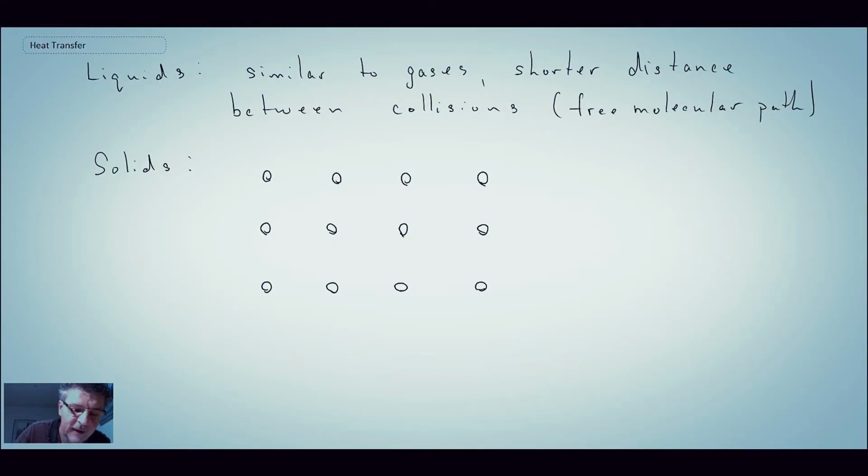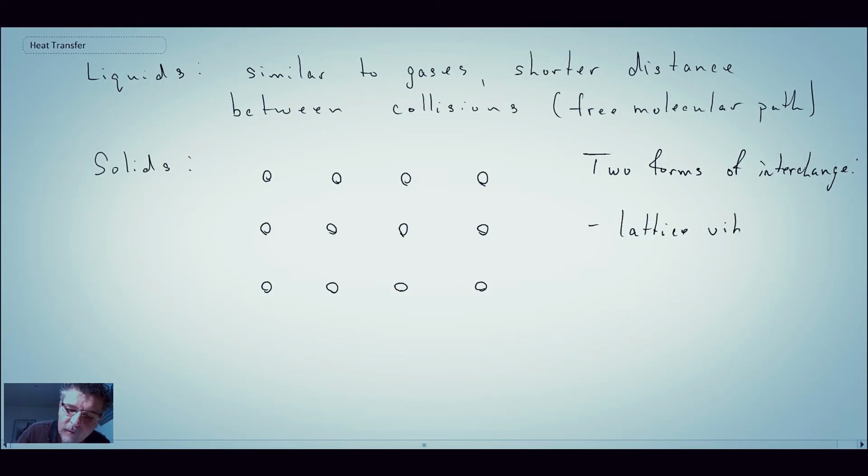But typically when we're dealing with solids, there are two forms of interchange of energy. We can have lattice vibration, and we can also have electron motion.